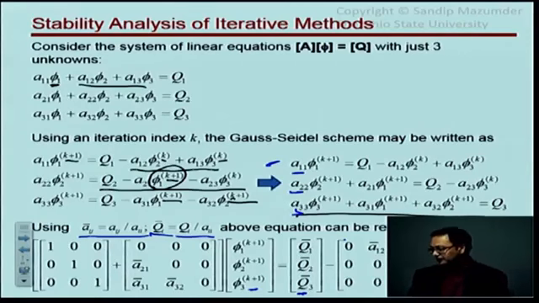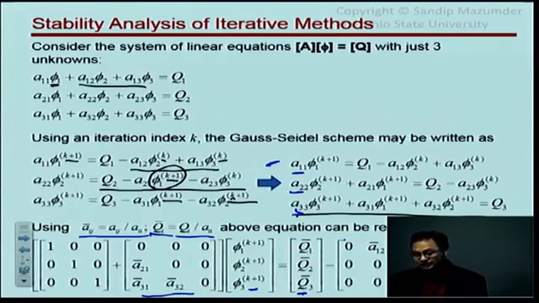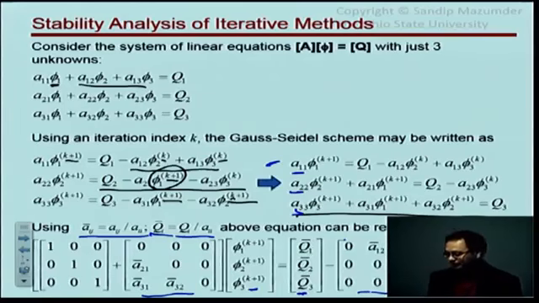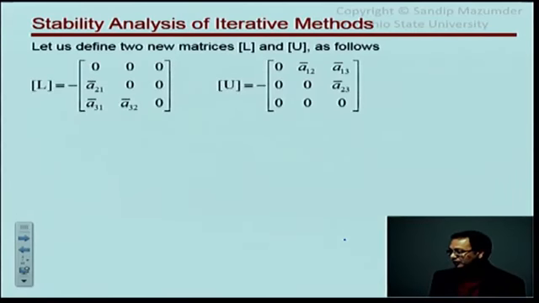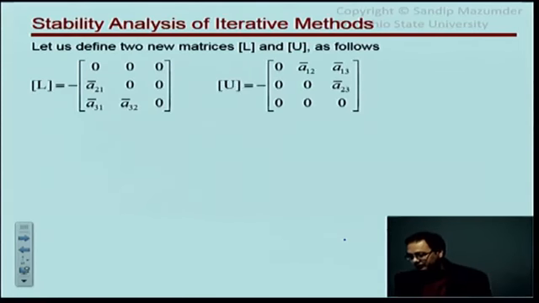You see here that this matrix is a lower triangular matrix. This here is an upper triangular matrix. So we can define a lower and upper triangular matrix, and the custom is to define it with a negative sign. You can do the derivation with a positive sign too, but that's how people usually do it.